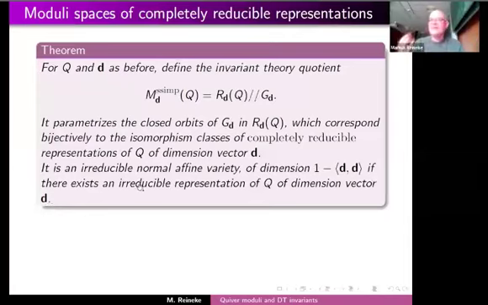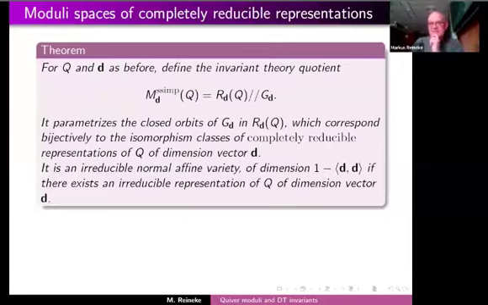So this is effectively decidable by a one-line calculation. This is not an abstract thing where you don't know whether there is an irreducible or not. There is a very nice criterion due to Le Bruyn and Procesi giving you a numerical criterion for this existence. So in this case, we know the dimension of this variety.